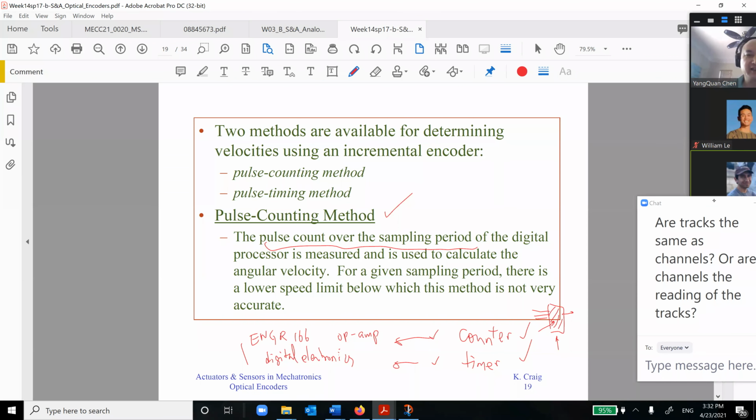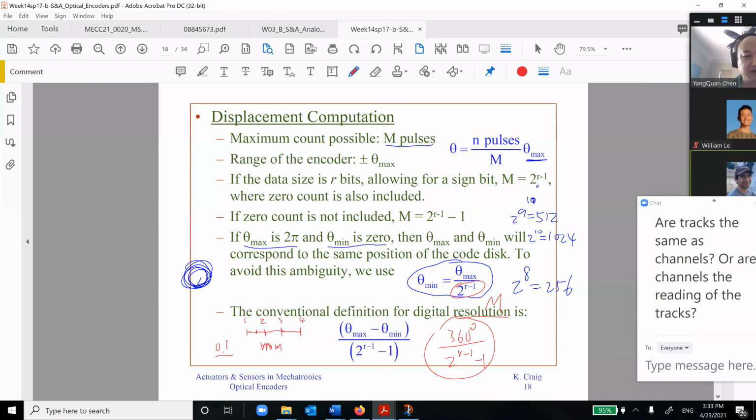But if you do that, there's a lower speed limit below which the method is not accurate. It's noisy because of the quantization level. You may have a number here, or here, or here, but basically these are the same position, within the digital resolution level.